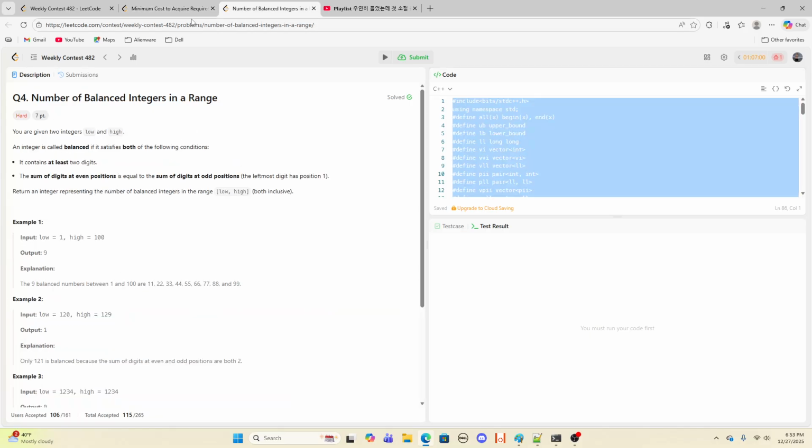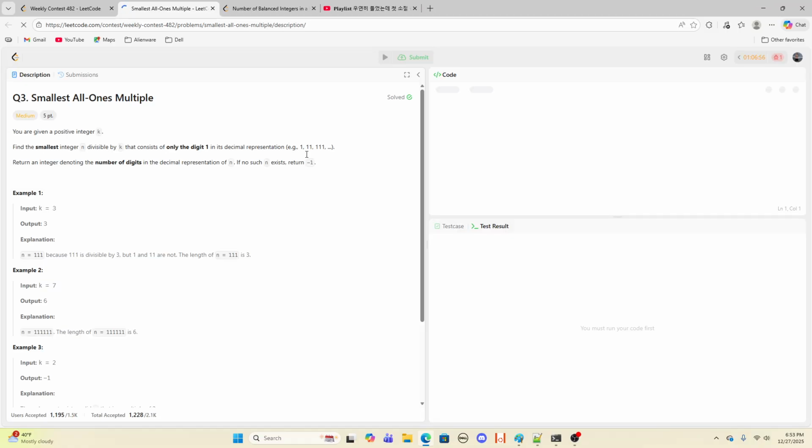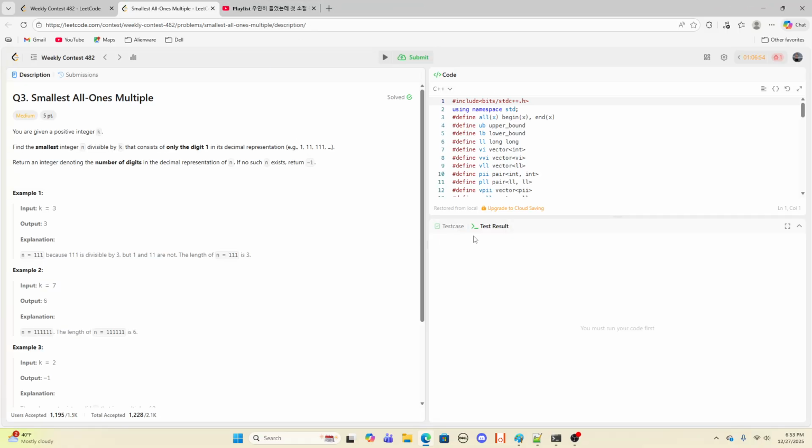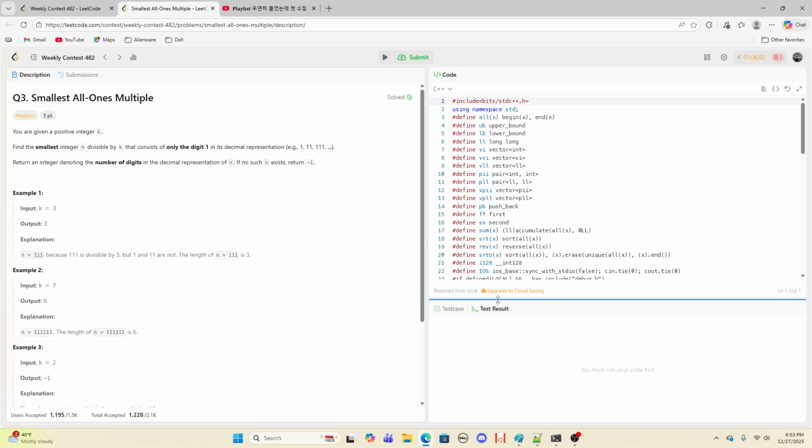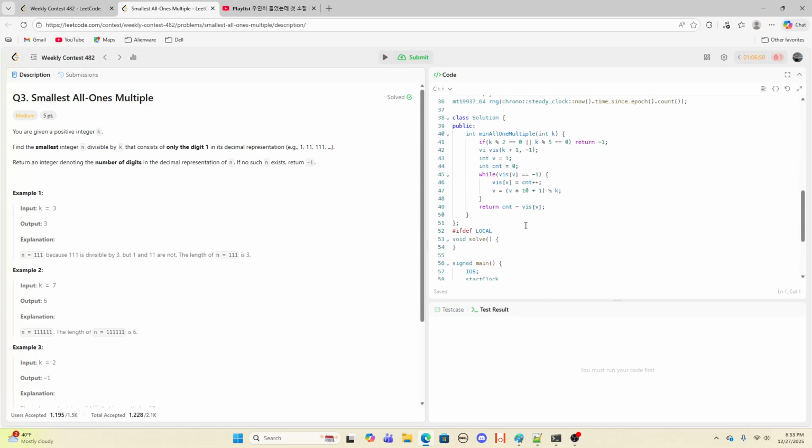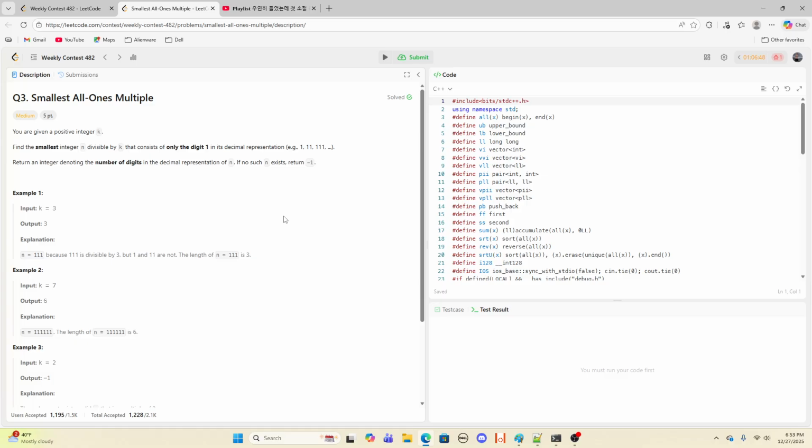Now back to Q3. Last one. Okay, so find the smallest n consisting of full of 1.